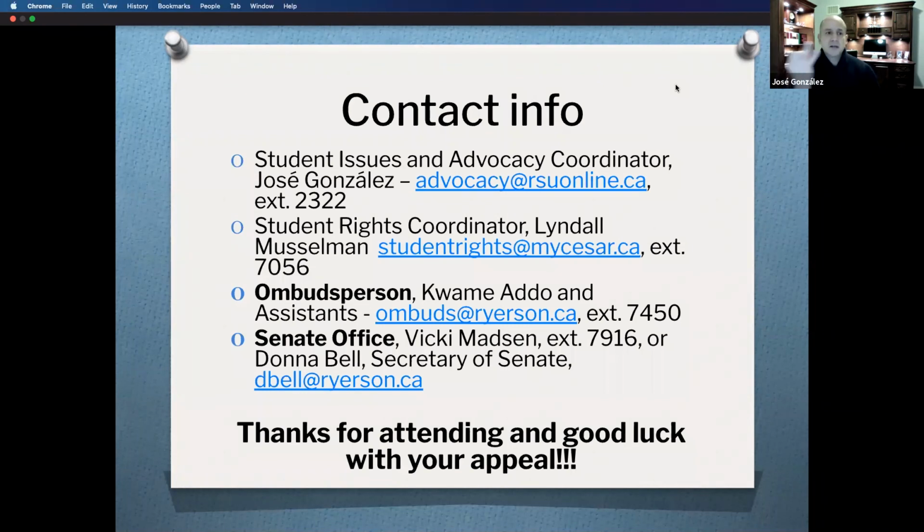Potentially I can look at procedural error, or course management, unfair treatment. If the course outline or the professor gave specific instructions about how the assignment would be graded, and they didn't follow the rubric, you would mention that the rubric says this, but I didn't get this. This is what I would be looking at. Lyndon, any comments?